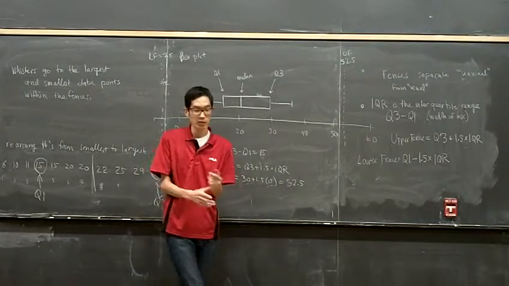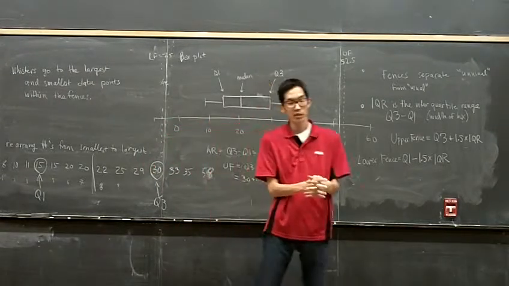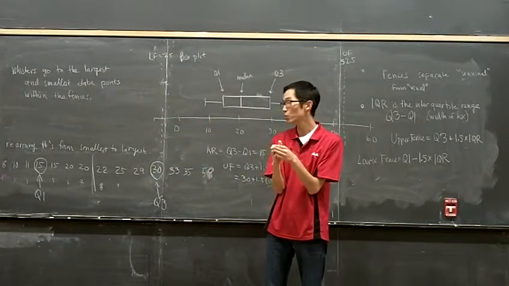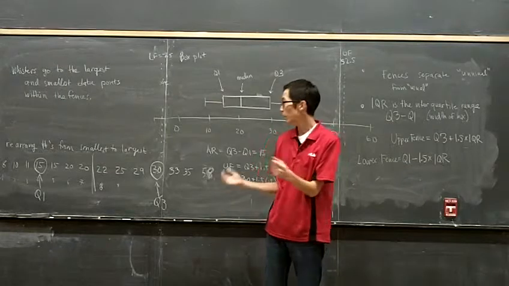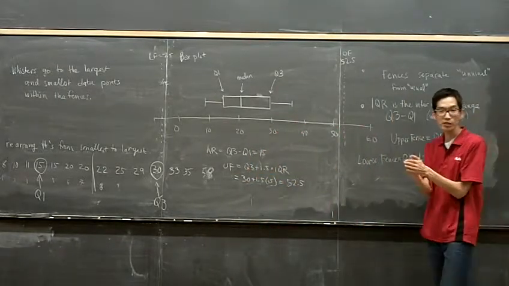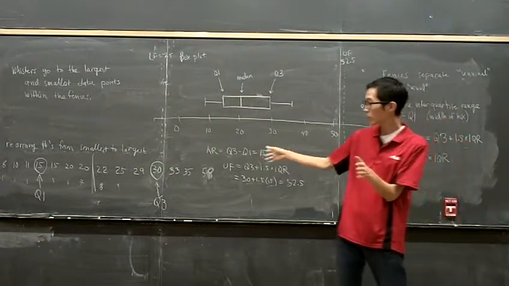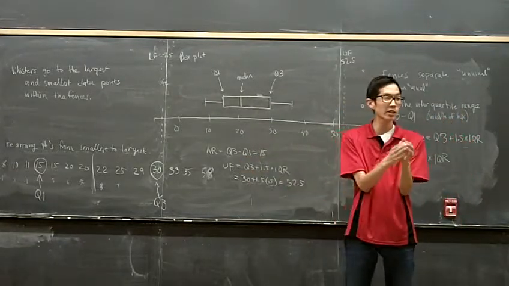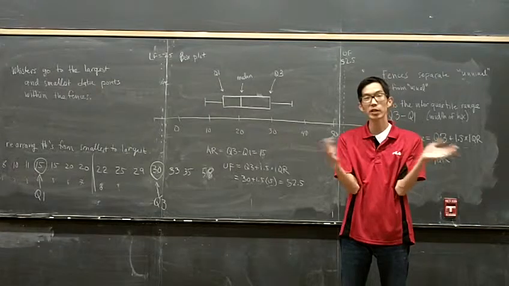So the standard deviation is a measure of dispersion or spread. The IQR is another measure of dispersion. When we have a set of numbers, the IQR gives us an idea of how spread out those numbers are.